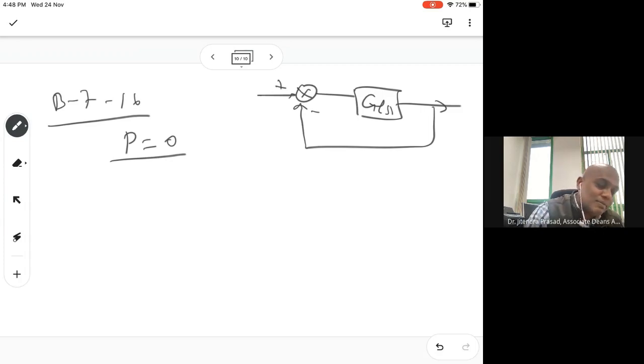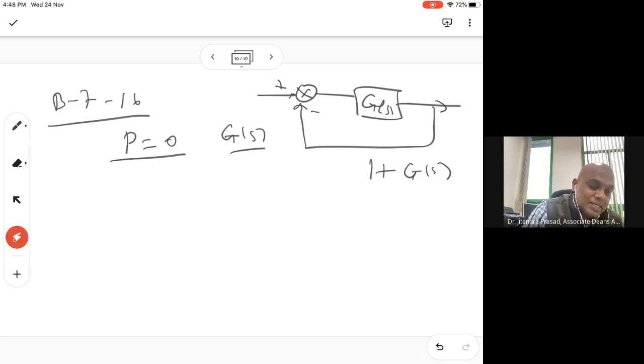If G(s) does not have any pole there, 1 plus G(s) will also not have, because 1 plus G(s) is the characteristic equation for the closed loop system. Hence P equal to 0.